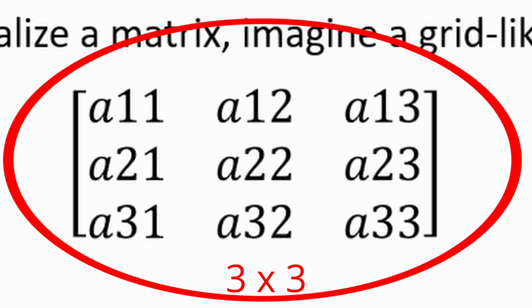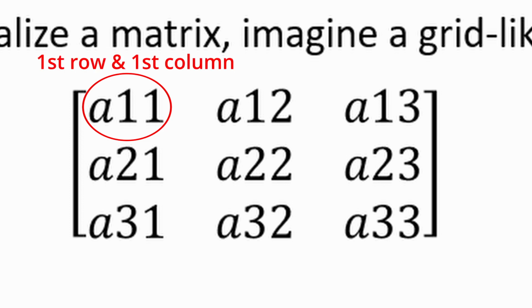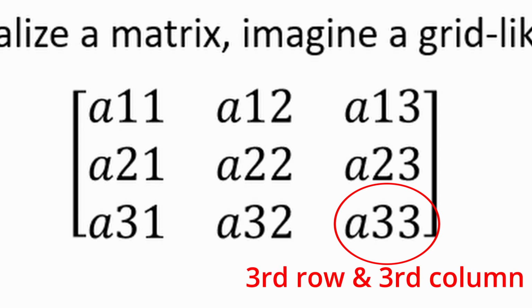There is a 3 by 3 matrix and the elements are A11 until A33. A11 indicates it is placed on the first row and first column, whereas A33 is placed in the third row and third column. You get it?